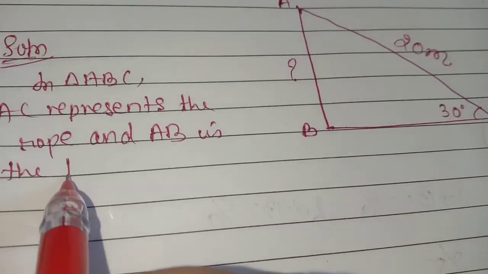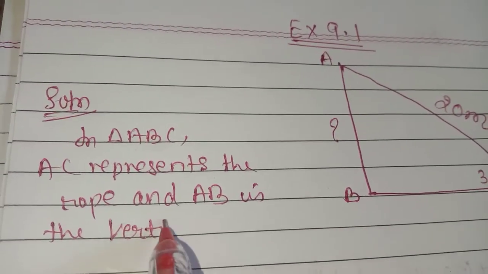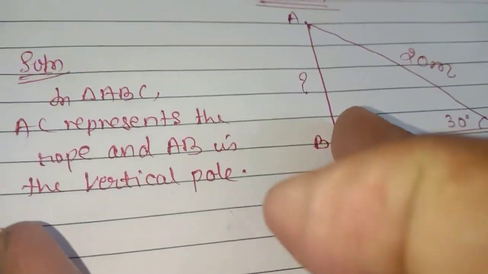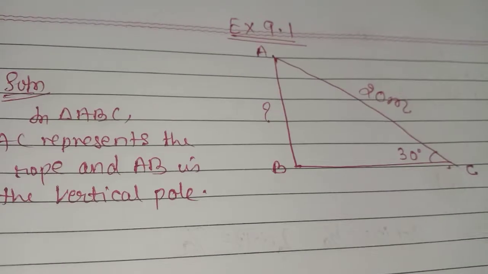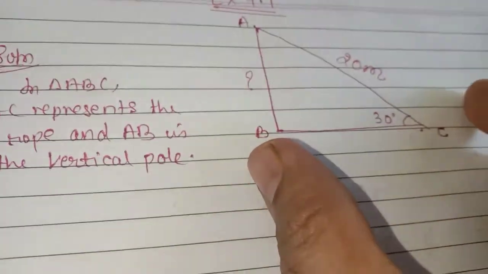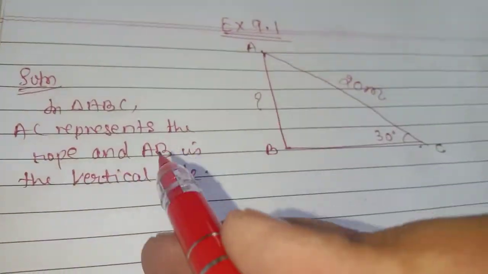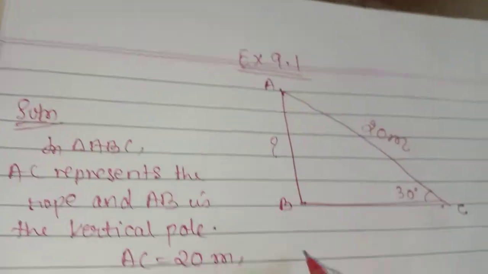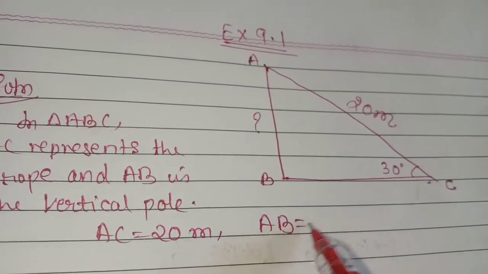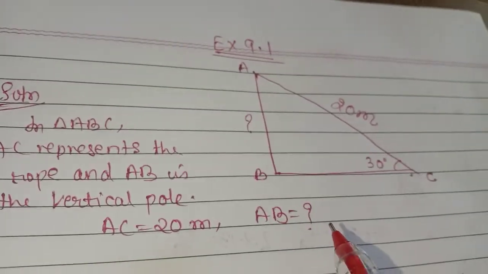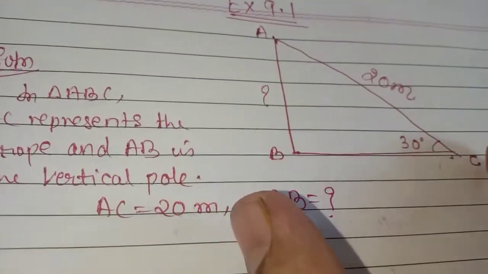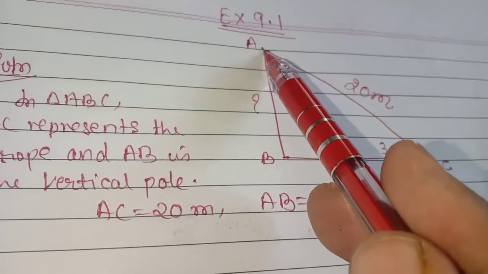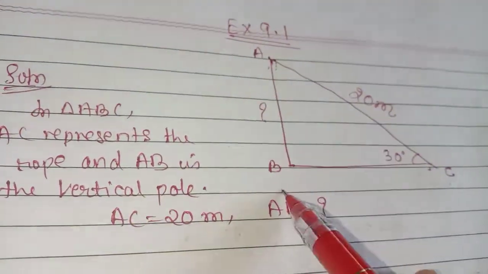It is the vertical pole. Mention the things you know, because at least everything should be confirmed to you. So AC is equal to 20 meter and AB is our requirement. Now we have to go for that sine function which gives the ratio of opposite upon hypotenuse, that is perpendicular upon hypotenuse.